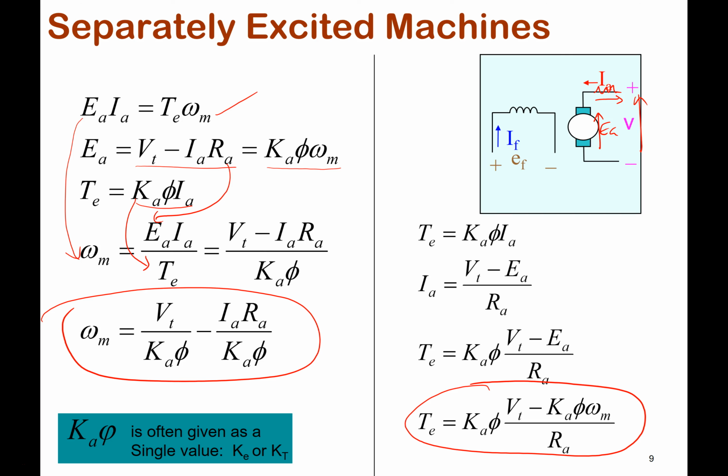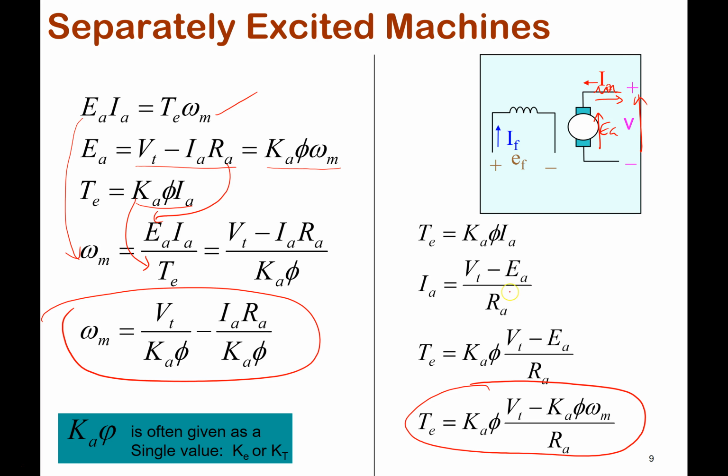And if I want to look at the equation for the torque of the machine, I know TE again is equal to Ka phi Ia. I know Ia is VT minus EA on RA. That is just the voltage across the armature resistor divided by the resistance. So V is equal to IR is basically what we are looking at here.